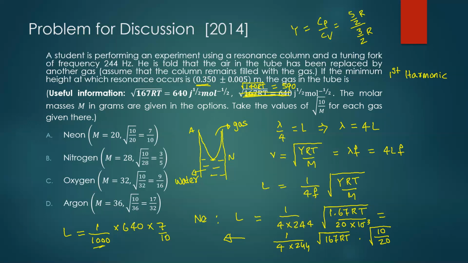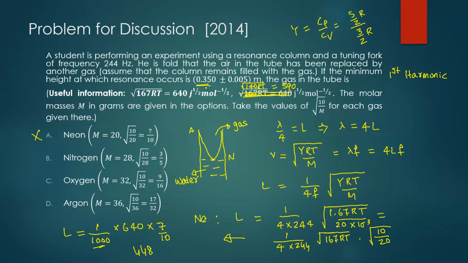So I'll just multiply 64 into 7, which is 448. But we know that we will actually get a number which is greater than 448, since we are looking at a number close to 350. So definitely this is not neon.